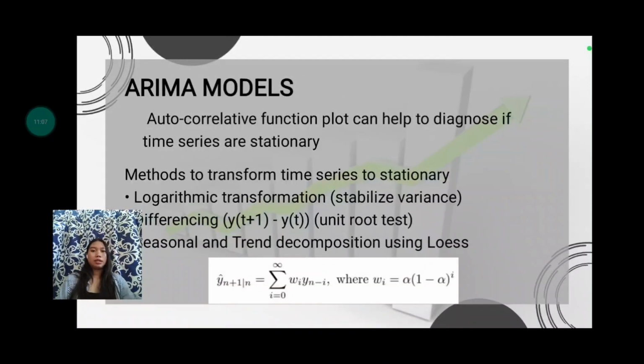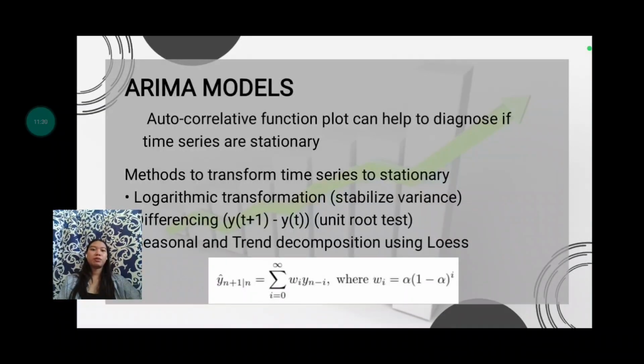ARIMA models. ARIMA models use the autocorrelation function, which can help to diagnose if a time series is stationary.